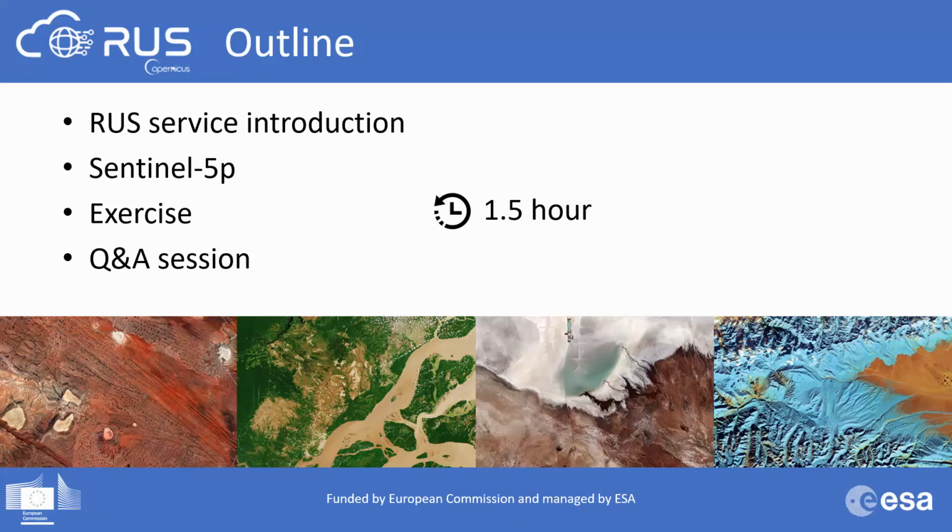Then we will have a look at the Sentinel 5P mission, understand a little bit more its characteristics, the details, the products that are available so that we can better understand the potential applications that can be run with this Sentinel mission. And then we will move into the RUS Copernicus virtual machine where I will run the exercise and explain you all the steps.